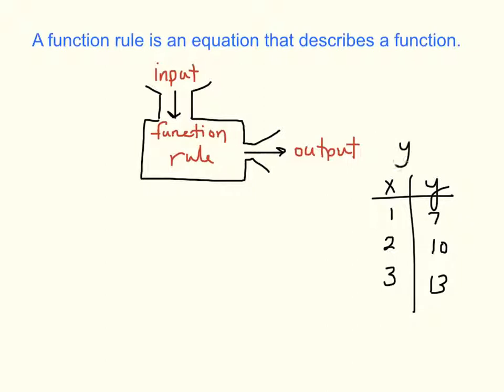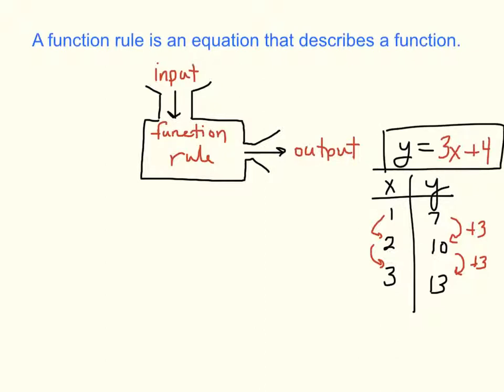You would write y equals... now if you don't know how to get this, your y's increase by 3 as your x increases by 1, therefore my function rule is going to start with 3x. And if you multiply each of these by 3, 1 times 3 is 3, 2 times 3 is 6, 3 times 3 is 9. You have to add 4 to each of those values to give you your function rule. So this would be your equation or your function rule.